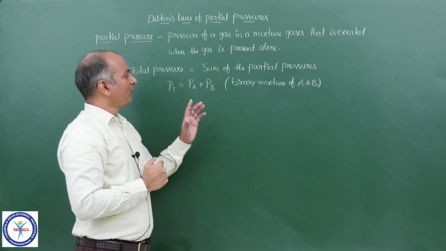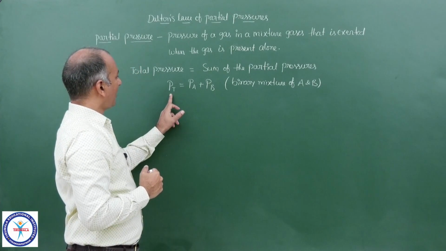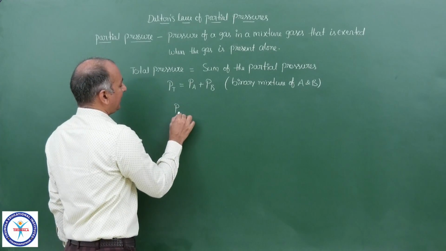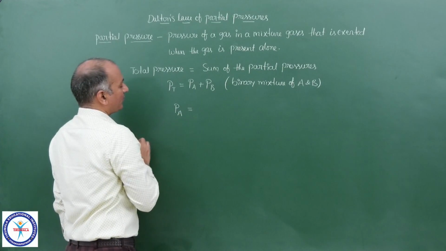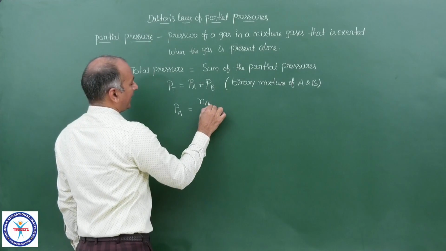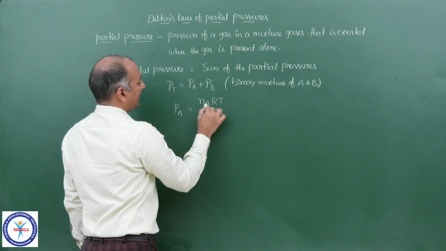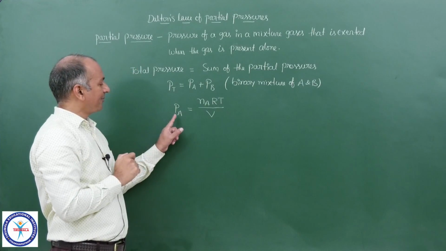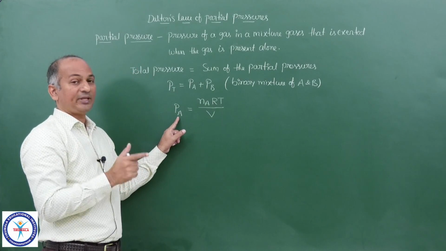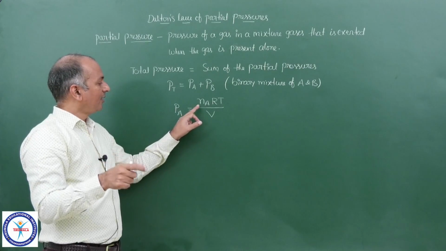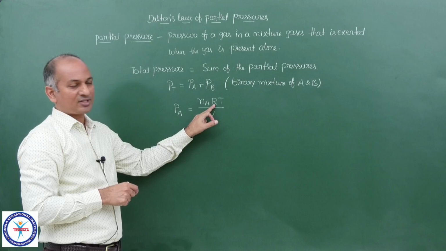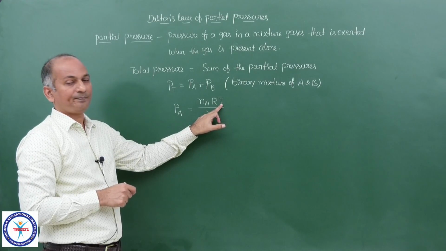Now if you apply PV is equal to nRT, we can write PA is equal to nA RT upon V. Partial pressure of A, in a mixture of A and B, is the number of moles of A into R, the universal gas constant, into temperature.